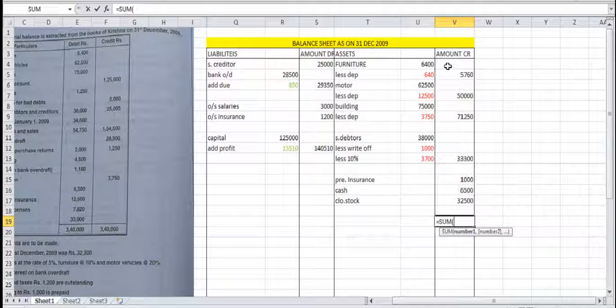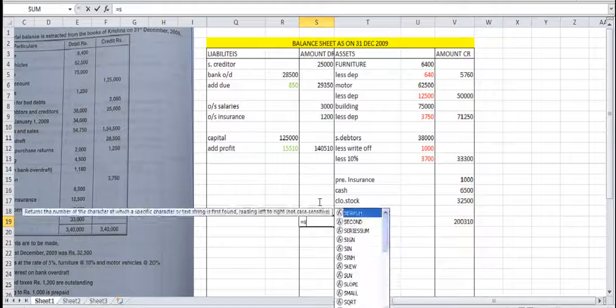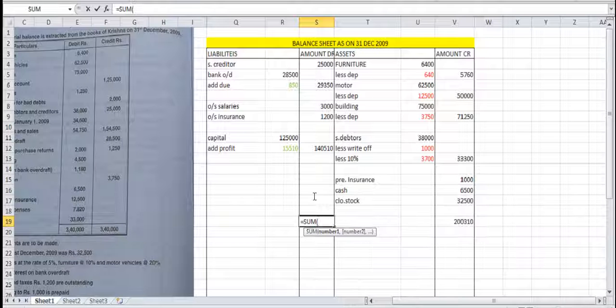Okay, this is all total. Now it's 2,310. Here also should be the same. With all these entries you will get a little difference coming here.